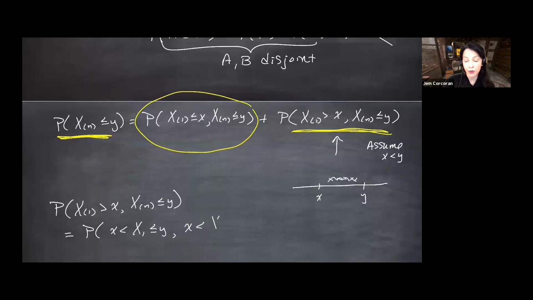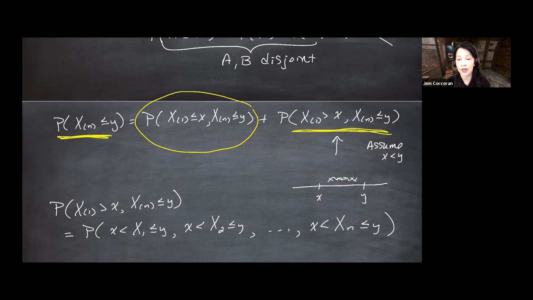And x2 is between x and y. And out through xn is between x and y. And those are all independent random variables, so you can break that up into a product. And you are well on your way. And you can write each one of those terms in terms of a CDF. And they're actually all the same probabilities because of identicalness.